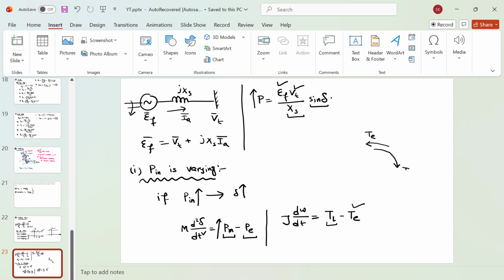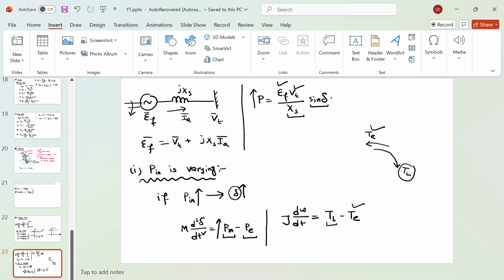So if my mechanical torque is somehow more than this TE, then my synchronous generator rotor will try to speed up. But since it is connected to an infinite bus bar, it cannot speed up. What it can do is change the rotor angle. That's what it can do.